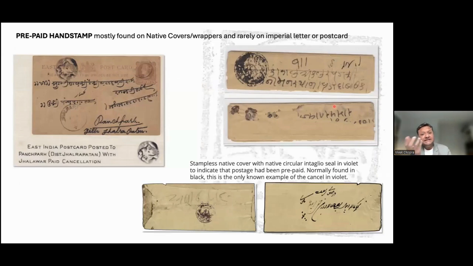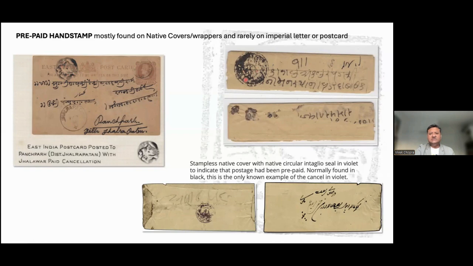In some cases, maybe the local post office didn't have the stamps, but if that one pice or that 1/4 anna was paid, they applied the hand-struck obliterator onto the card, which suggests that it was paid within the state, right? Despite no stamp being there, the local fees was paid. So these are also interesting facts which you can collect here.